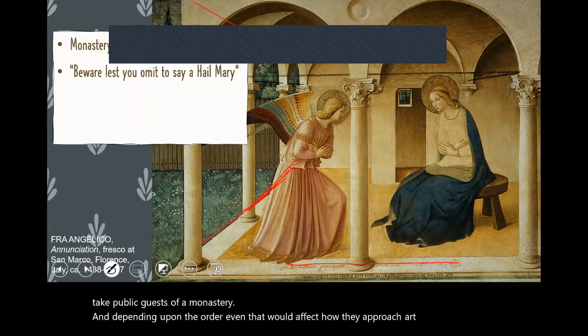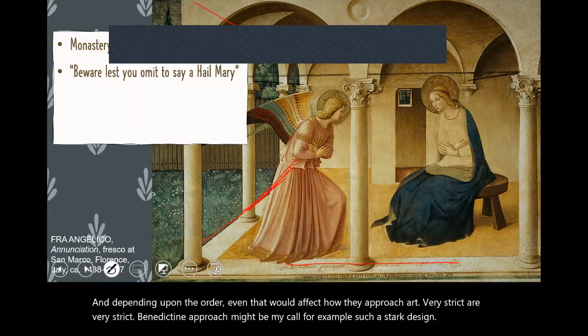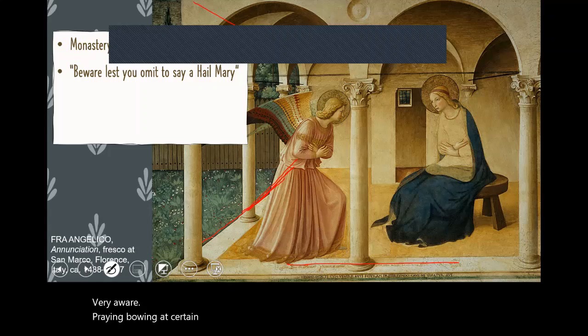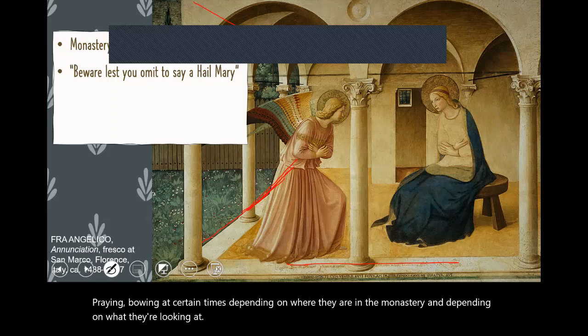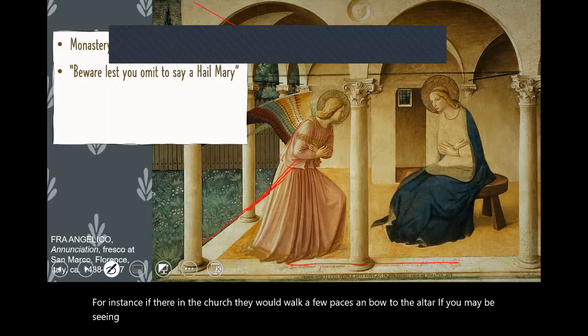A very strict Benedictine approach might call for, for example, such a stark design. And naturally, the monks are going to be very aware of praying, bowing at certain times, depending on where they are in the monastery and depending on what they're looking at. For instance, if they're in the church, they would walk a few paces and bow to the altar, if you've maybe seen people do that in real life or on television.